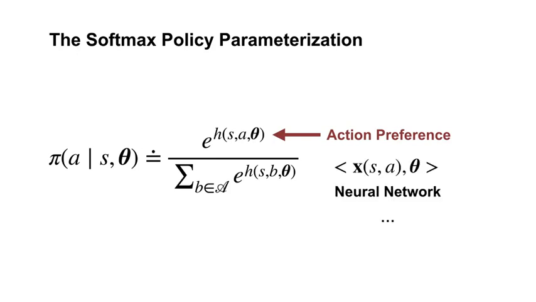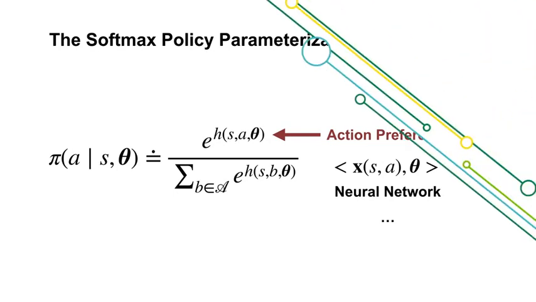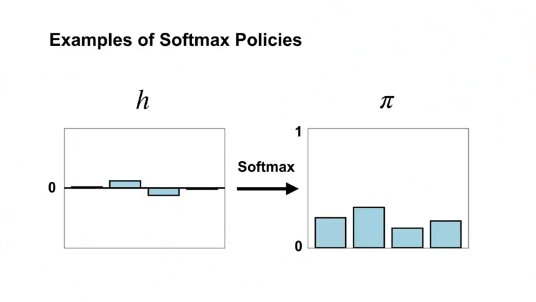The action preference can be parameterized in any way we like, since the softmax will enforce the constraints of a probability distribution. For example, the action preferences could be a linear function of the state action features, or something more complex like the output of a neural network. Here's what we get when we pass a particular set of action preferences through the softmax. The input preferences can be arbitrarily large, or even negative.